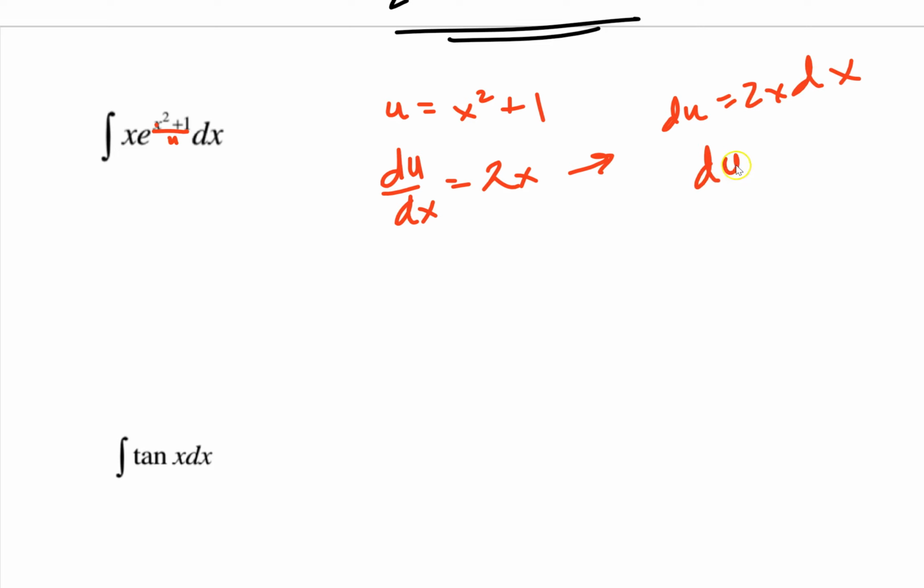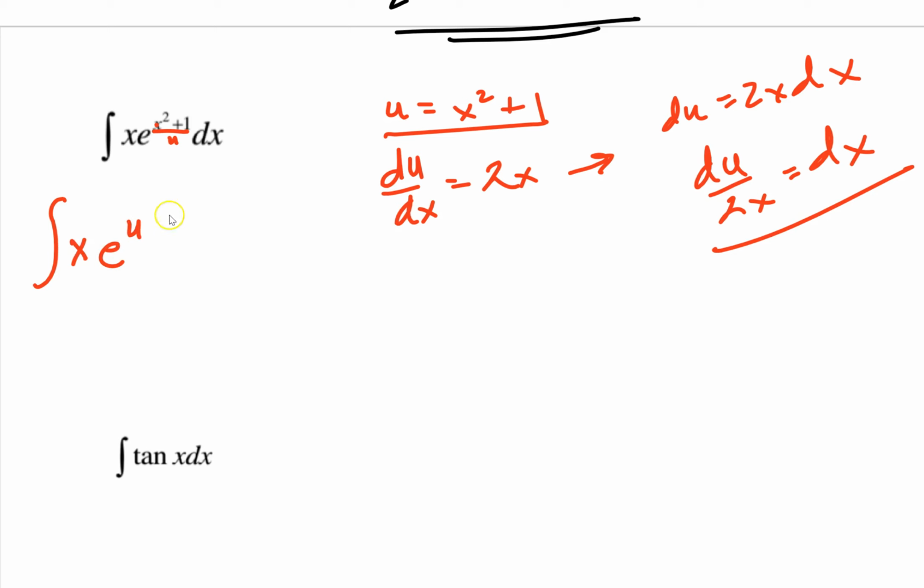Divide by that. Right, and again, I have everything I need. I have my u and I have my dx. So two things you have to find. Plug it all in. So I'm going to have x e to the u, and then instead of dx, I'm going to have all of this: du over 2x.